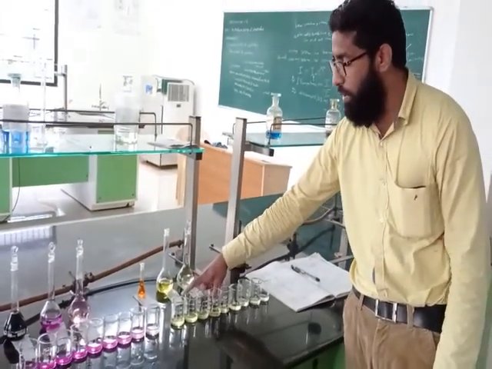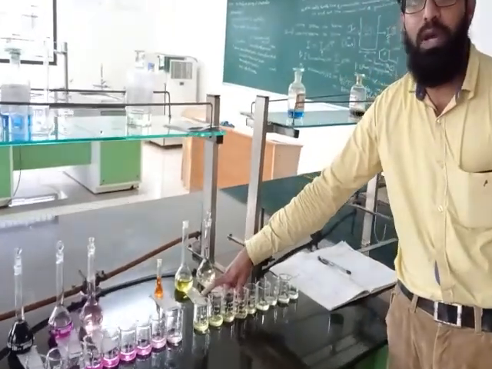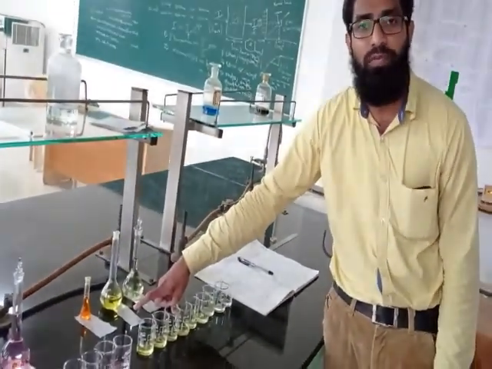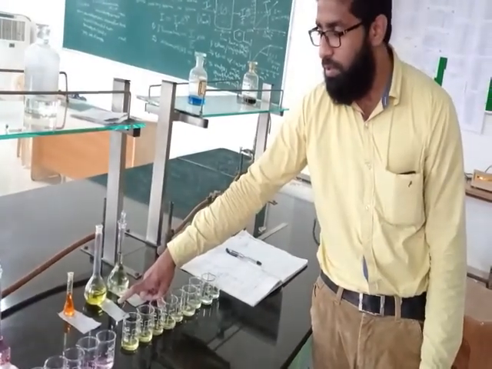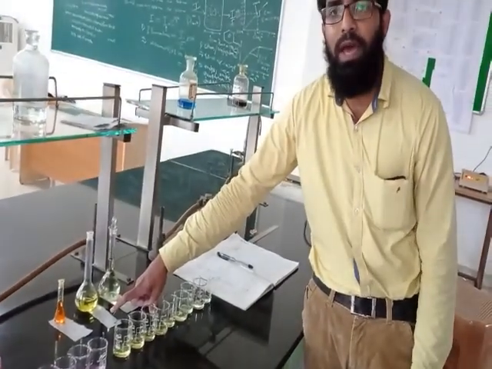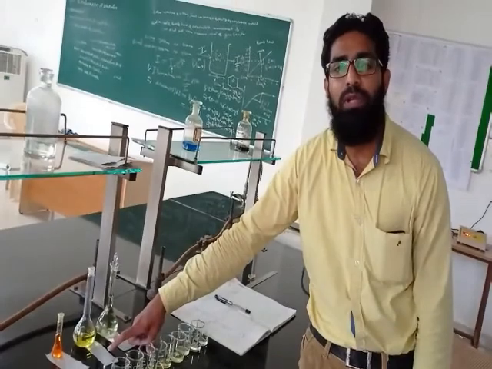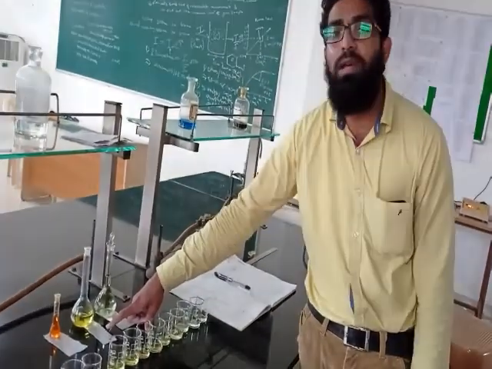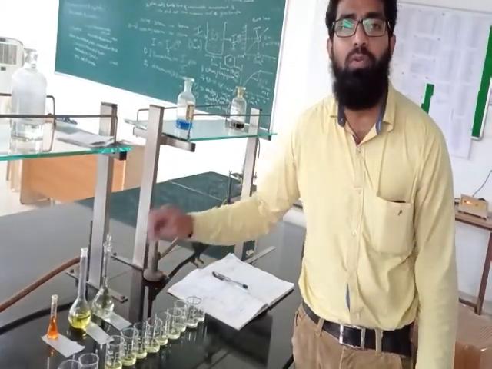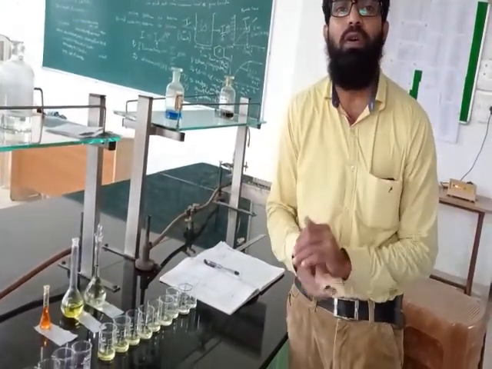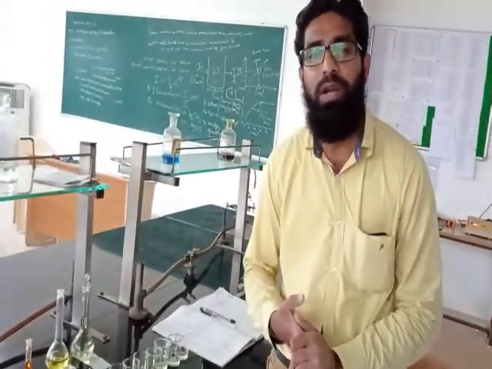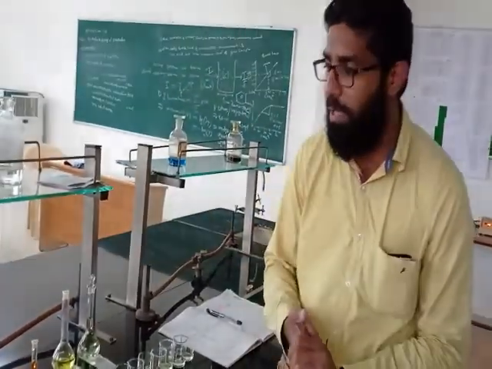By using 0.01 normal, we are going to identify the lambda max or selection of filter for K2Cr2O7, means at which wavelength it shows the maximum absorbance, or we are going to identify the intensity of incident light, at which intensity of light or radiation it shows the maximum absorbance.